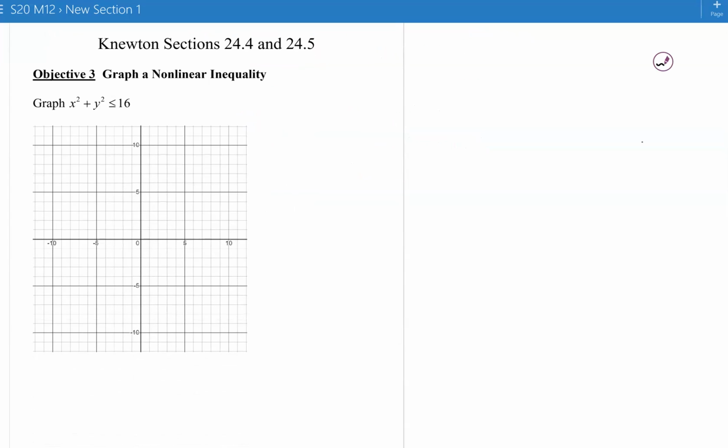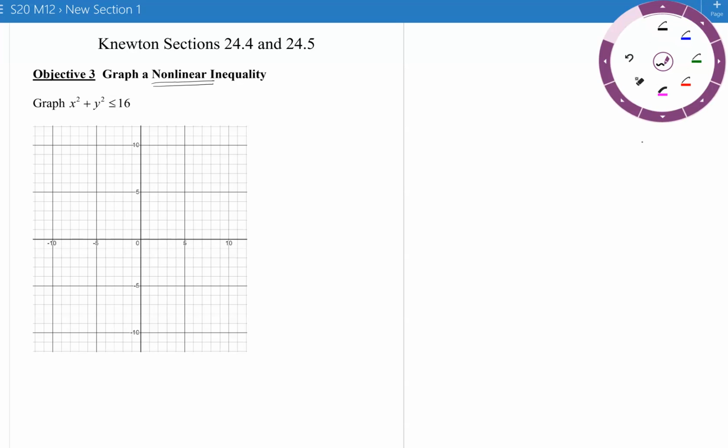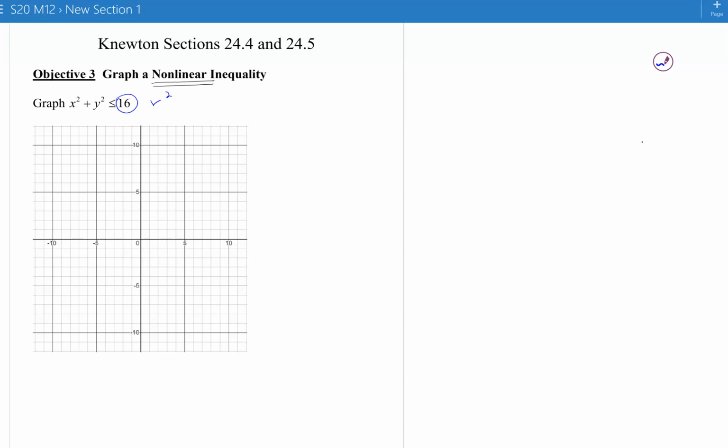Okay, so now we have a non-linear inequality, so we're no longer drawing lines. And in fact, hopefully you recall and recognize this as a circle, where 16 is r squared, so the radius is 4. So when y is 0, x is plus or minus 4.